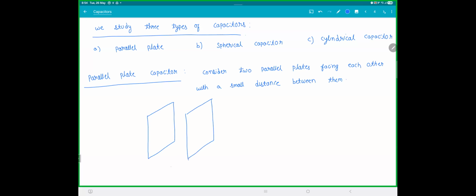So we have parallel plates, distance is d between them. d must be very small compared to the dimensions of the plate, to neglect the fringe field.